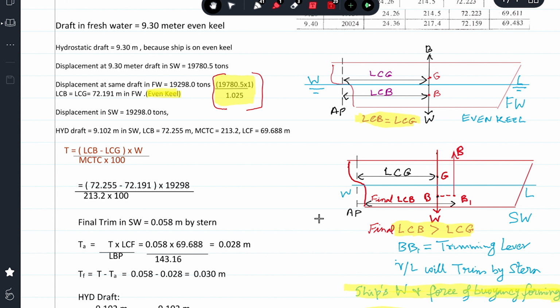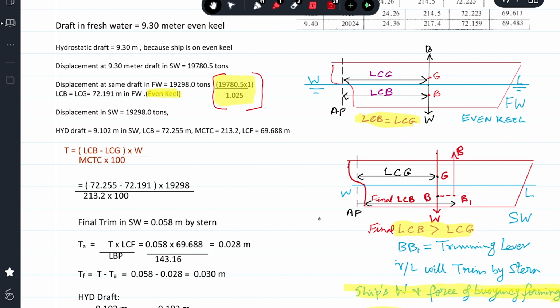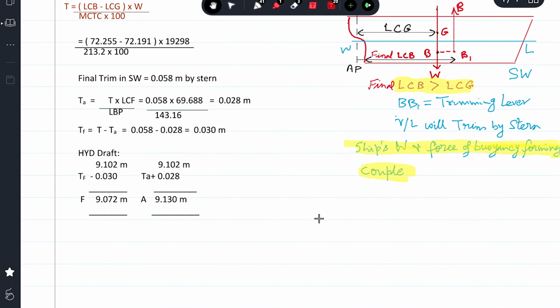Then TA, trim aft, will be total trim into LCF upon LBP. LCF in salt water at hydrostatic draft was 69.688. So trim 0.058, LBP 143.16, TA 0.028.